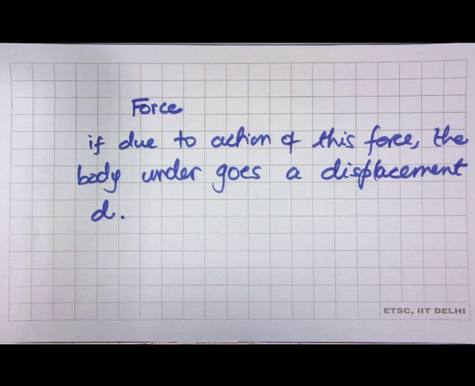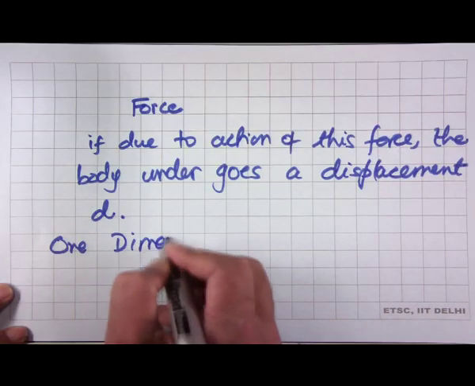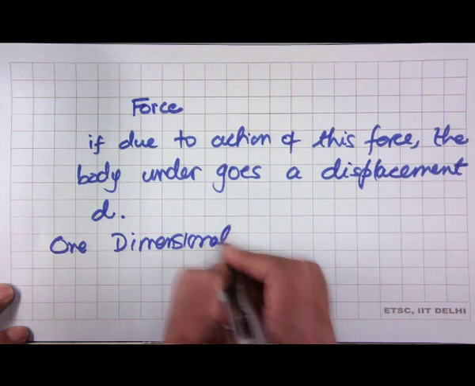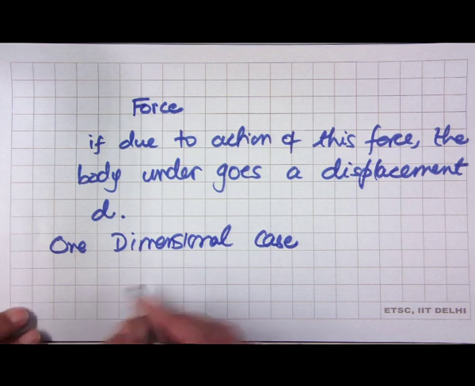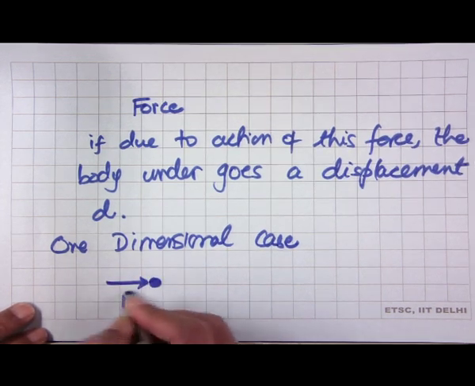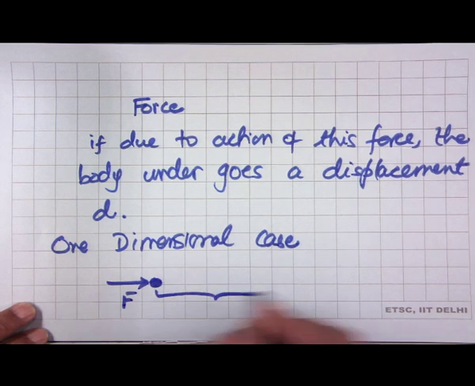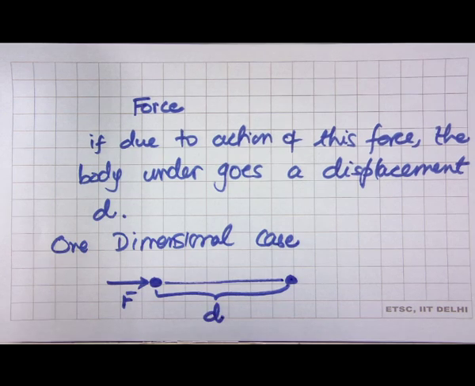Let us start in a simple sense by looking at the one dimensional case first. So, we start with a one dimensional case, where we have a particle, a force F is applied, and because of this the particle undergoes a displacement d.